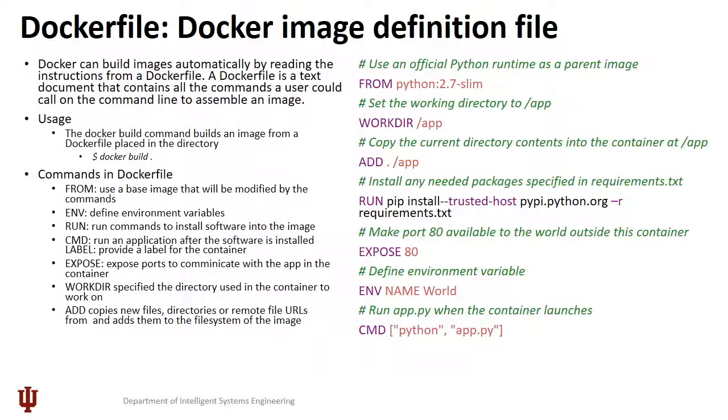We can define a LABEL, we can EXPOSE the ports, define the working directory in which we are working, and ADD copies of new files from our originating file system where the Docker file is located, so that we can copy easily files from that host directory into our container.